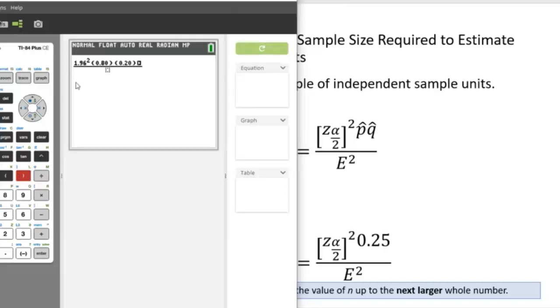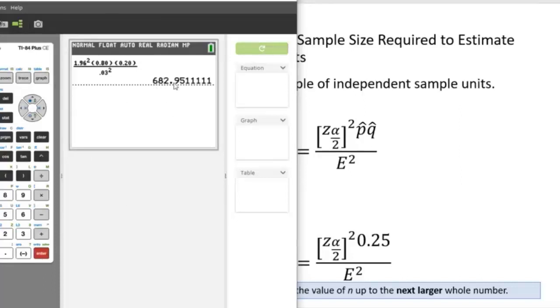Now it has to go over the error squared, but I know that the error cannot be more than 3%. So I've taken that formula and put it all in based on the information in my problem.